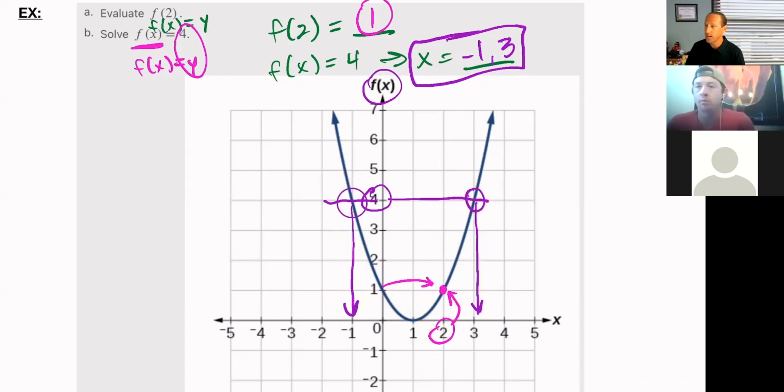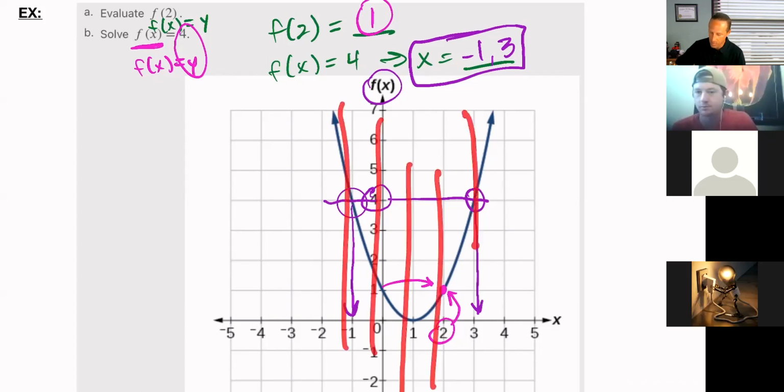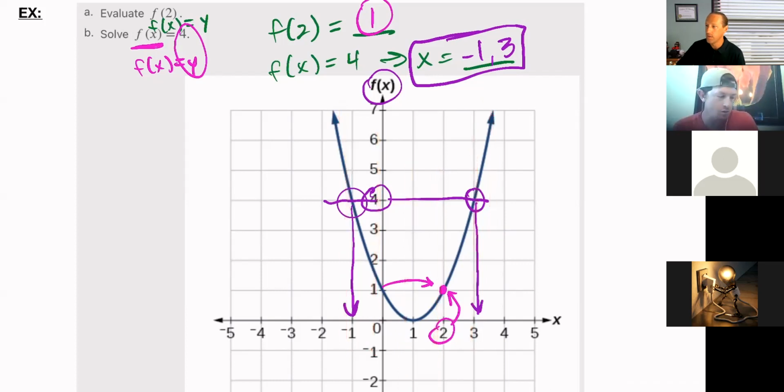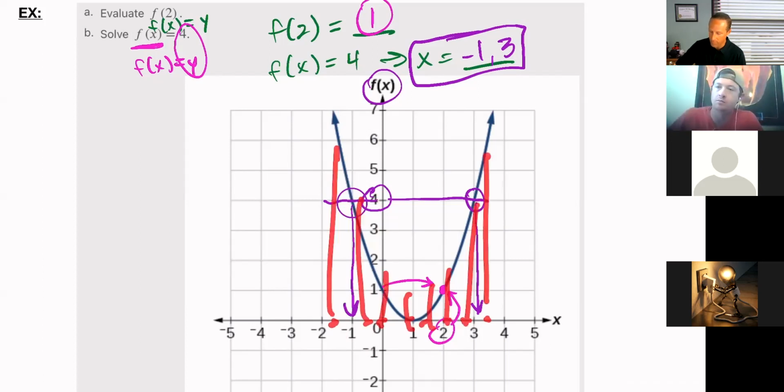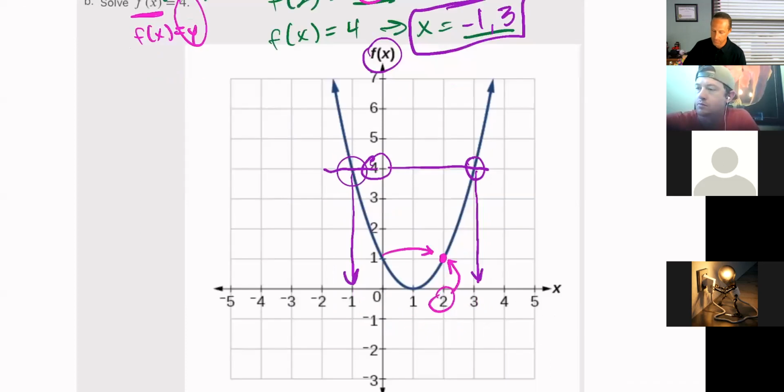Anybody know what I'm getting at here? How do we test whether a graph is a function? The vertical line test. Now, hopefully you understand more why. Because literally, we are testing any and every x for one and only one y value. Okay?